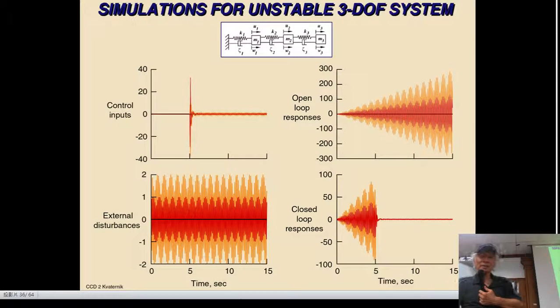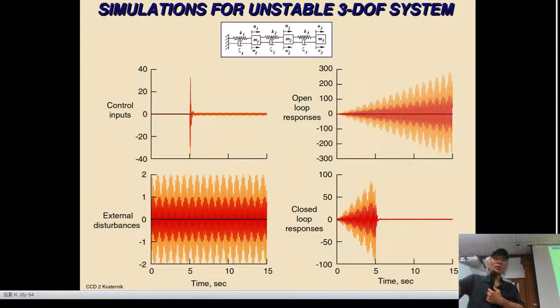So that's this 0 to 5 seconds. From 0 to 5 seconds, we have a control input. That's your U. That's the input, a control input. I give them a very small control input, and that control input is some kind of random input.